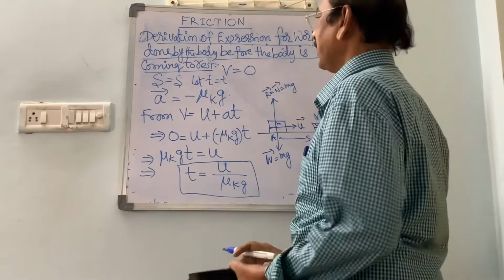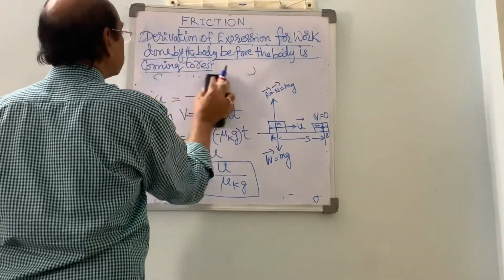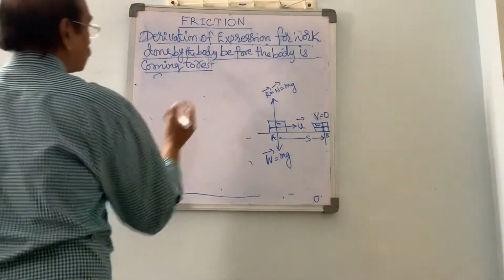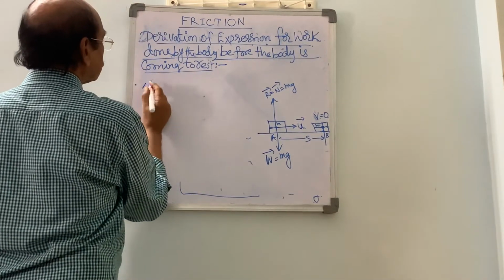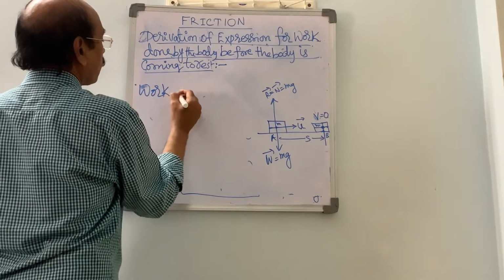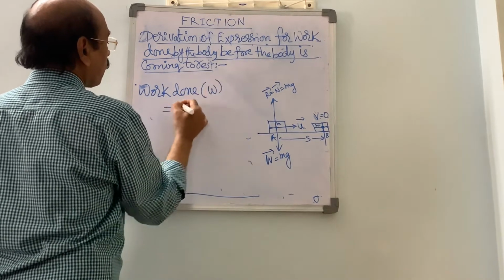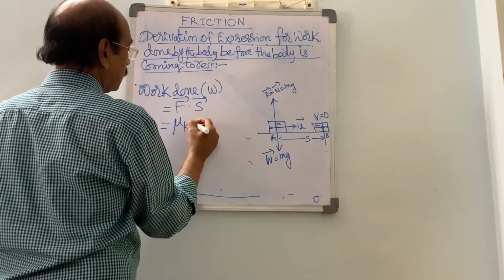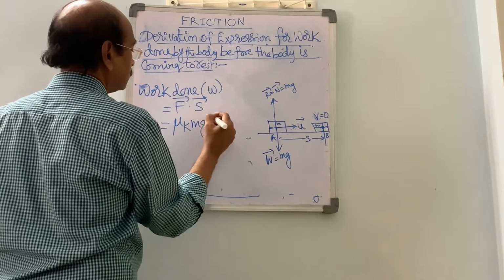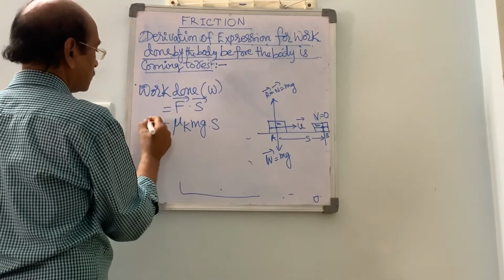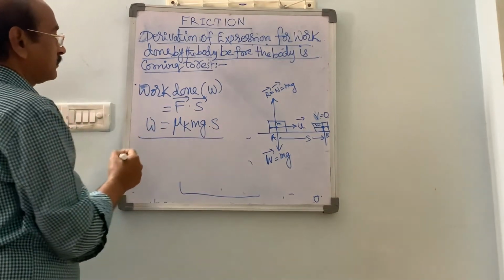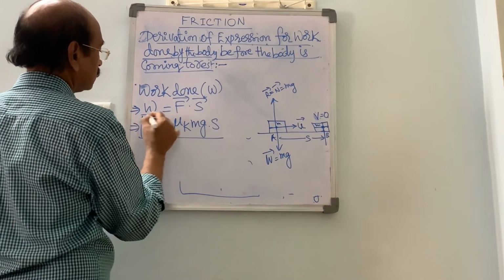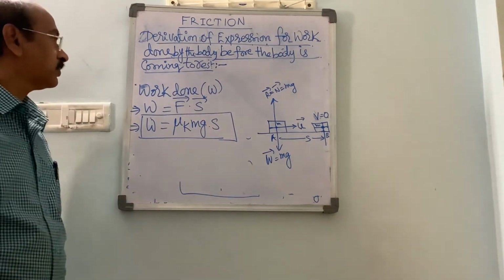So here, work done is F, which is mu k mg, into displacement s. So this is the expression for work done by the body before coming to rest.